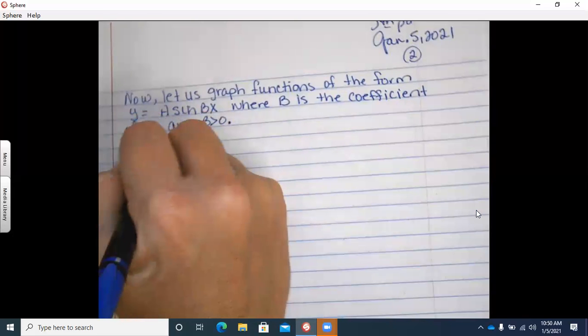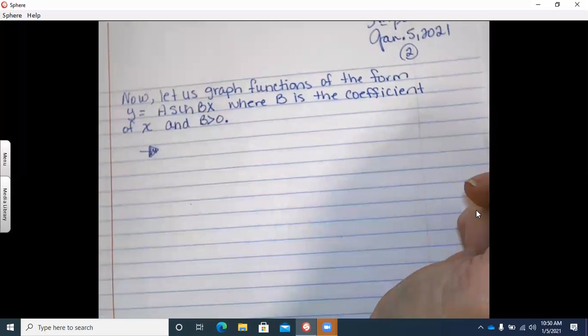So what's different here is we've added in a b. We started with just y equals sine of x. That's your parent function. And then we put that A in there. So A changed the amplitude, right? When you just have y equals sine of x, your amplitude's 1. If you have any other number, that's going to change the amplitude.